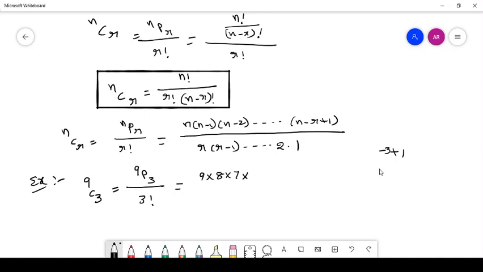And 9 minus 2 is 7. So 9 into 8 into 7. It's enough.